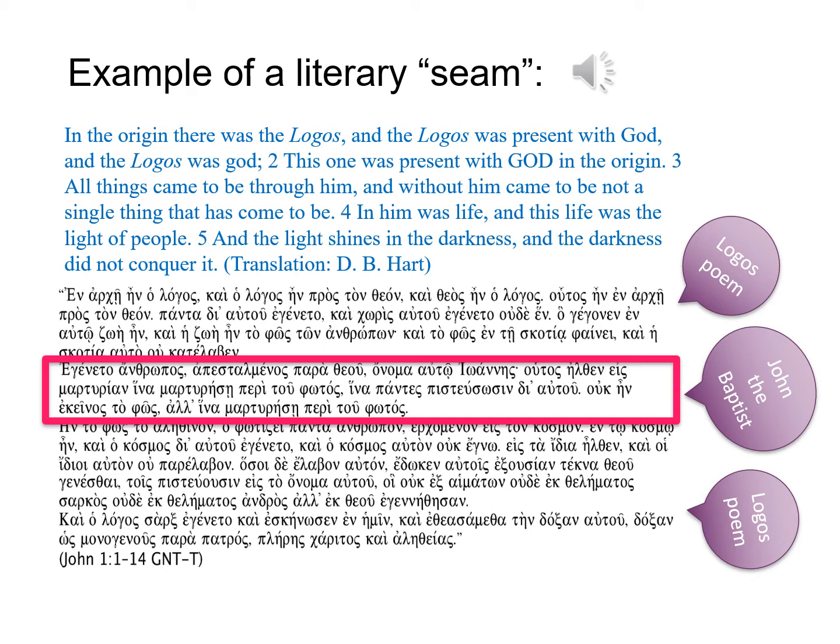In the beginning there was this Logos, and this Logos is light and life, and it shines in the darkness. Well, it looks like there's a little snippet about John the Baptist kind of stuck in the middle of a Logos poem.